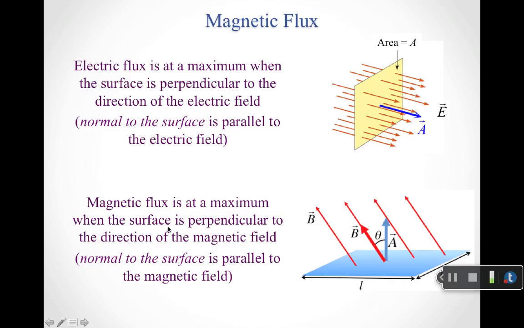It's at a maximum when the surface is perpendicular to the direction of the magnetic field. Again, if your surface is perpendicular to the magnetic field, that means the area vector, which is normal to the surface, is parallel to the magnetic field. So again, the relative orientation matters in terms of thinking about either of these fluxes, either the magnetic or the electric flux.